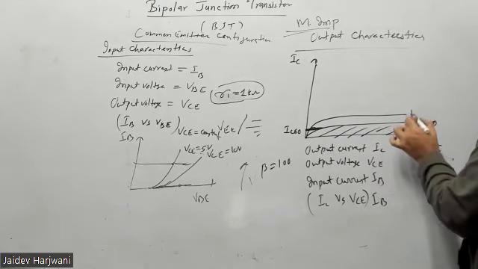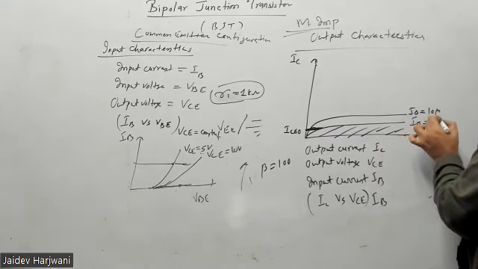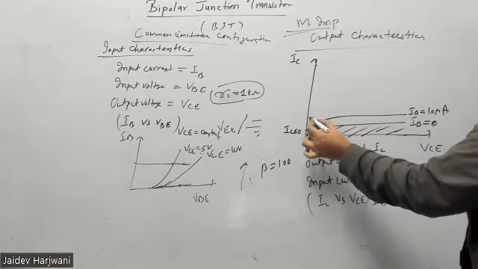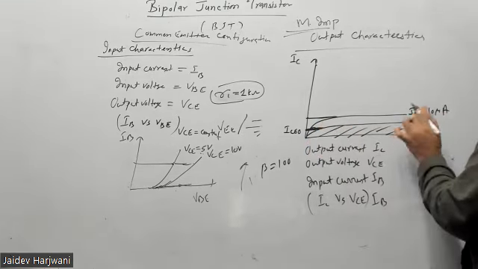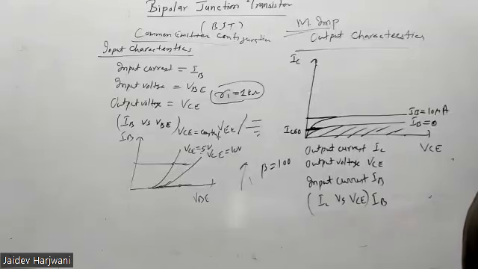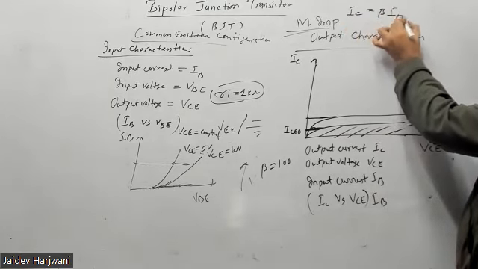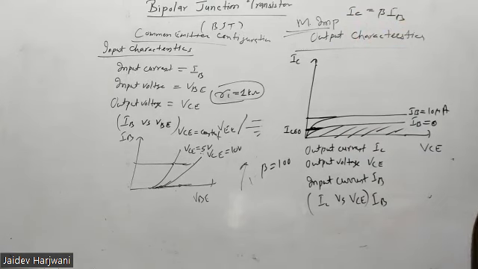Now if you say IB is equal to say 10 microampere, what is the value of IC? Tell me. IC is equal to what? IC is equal to beta IB, current gain.